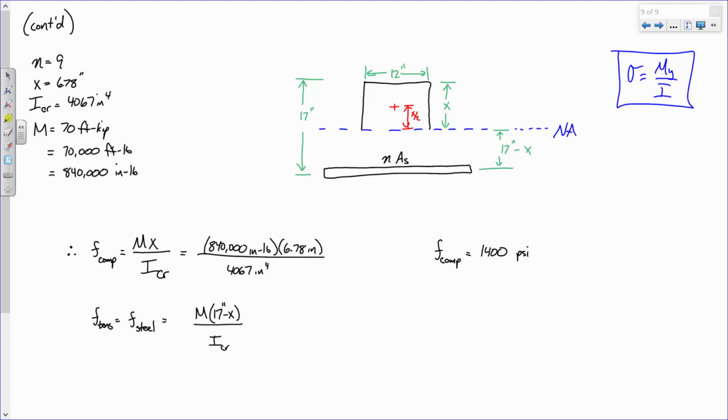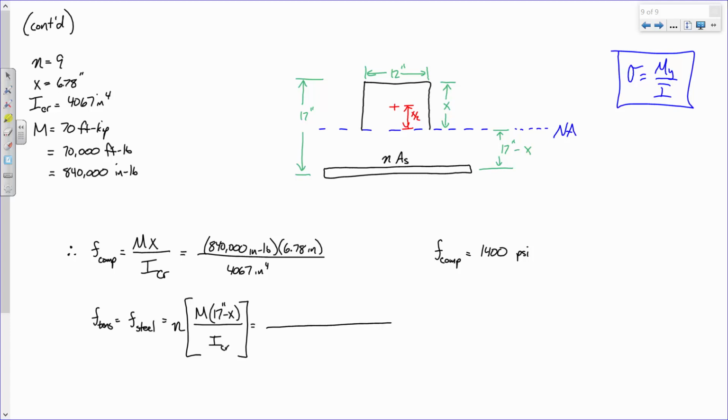And we do that by multiplying this by n. We have to multiply this whole thing by n to convert it back to steel so that when we compute our stress, we're computing apples to apples. Well, actually, in this case, apples to oranges because the materials are different. So we have to go back and throw that n quantity in again.